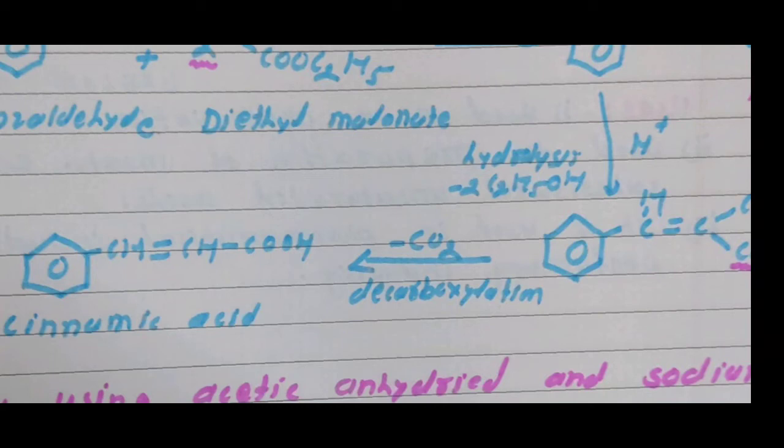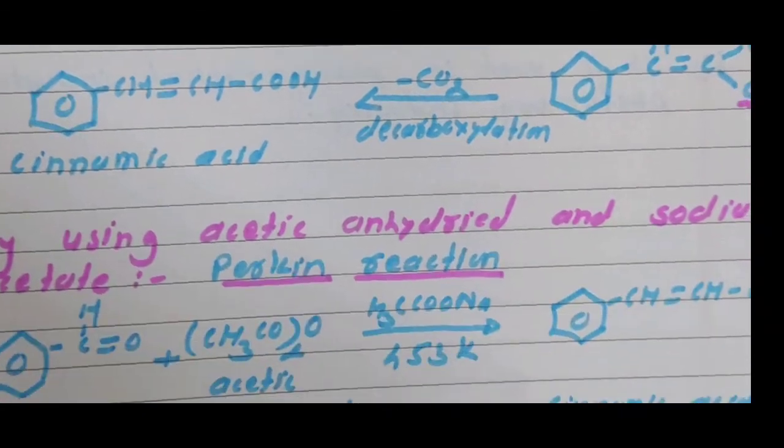Therefore cinnamic acid is an alpha beta unsaturated acid. This is the Knoevenagel condensation starting from benzaldehyde and diethyl malonate, followed by hydrolysis and decarboxylation to form cinnamic acid.